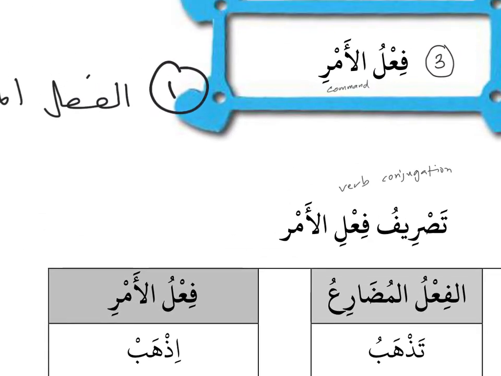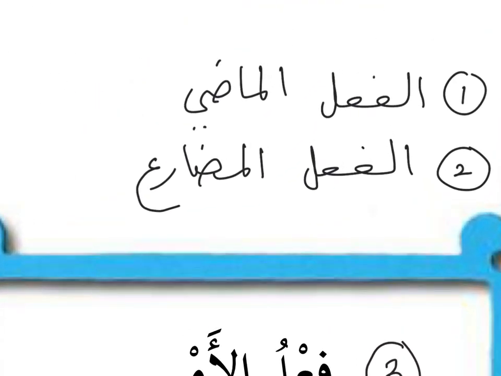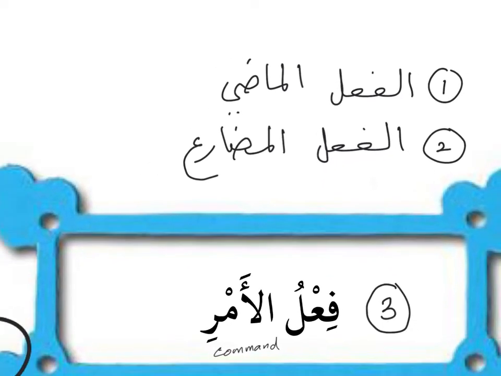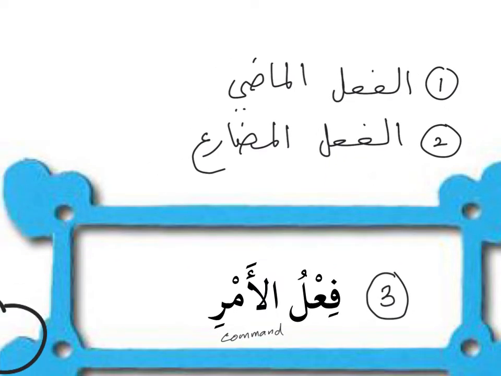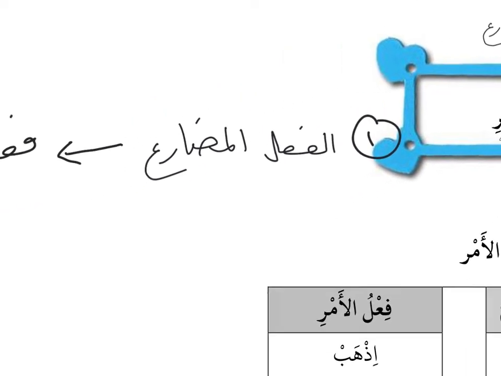If you still remember, when we talk about الفعل الماضي and الفعل المضارع, the verbs will change according to all 14 ضمير, all 14 pronouns that we have learned. هو, هما, هم, هي, هما, هن, until أنا, and also نحن. So for فعل ماضي and مضارع, you will have 14 forms of the verb.